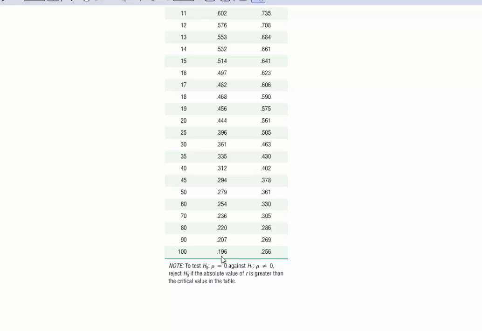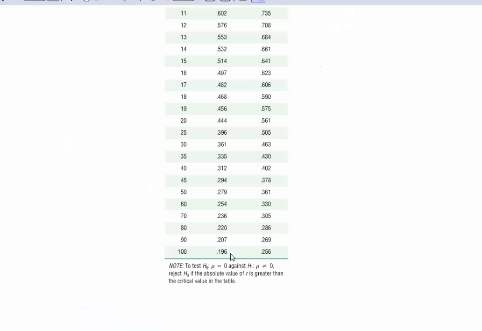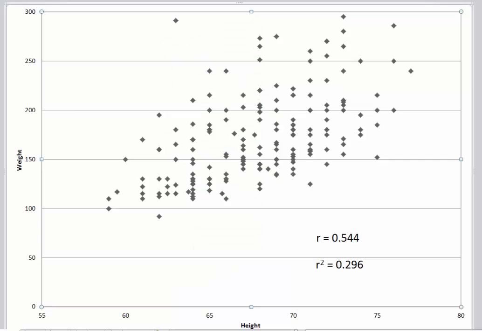Since we've got an R value of 0.544, which is greater than the critical value 0.196, we would reject the null and say there seems to be some evidence of linear correlation. You can see that when we originally looked at it, things go up to the right, down to the left.